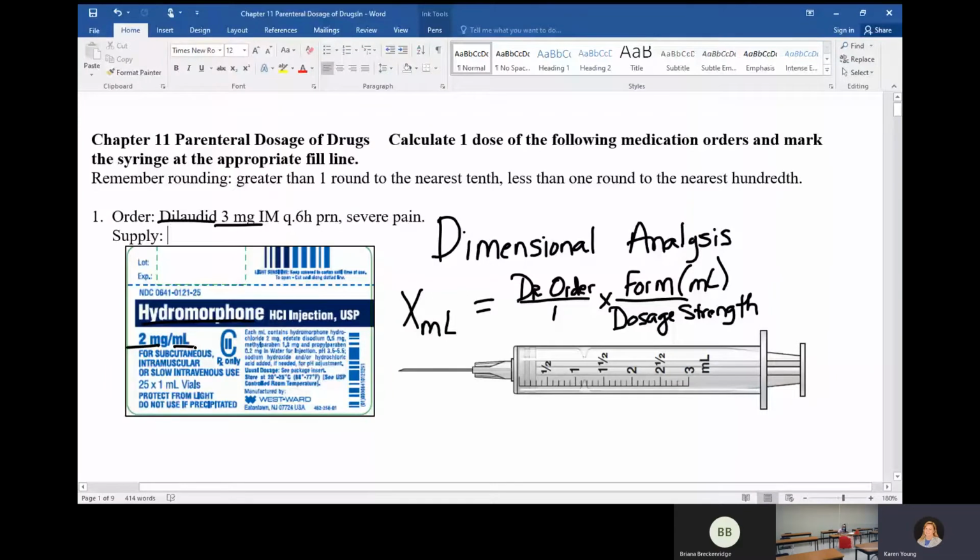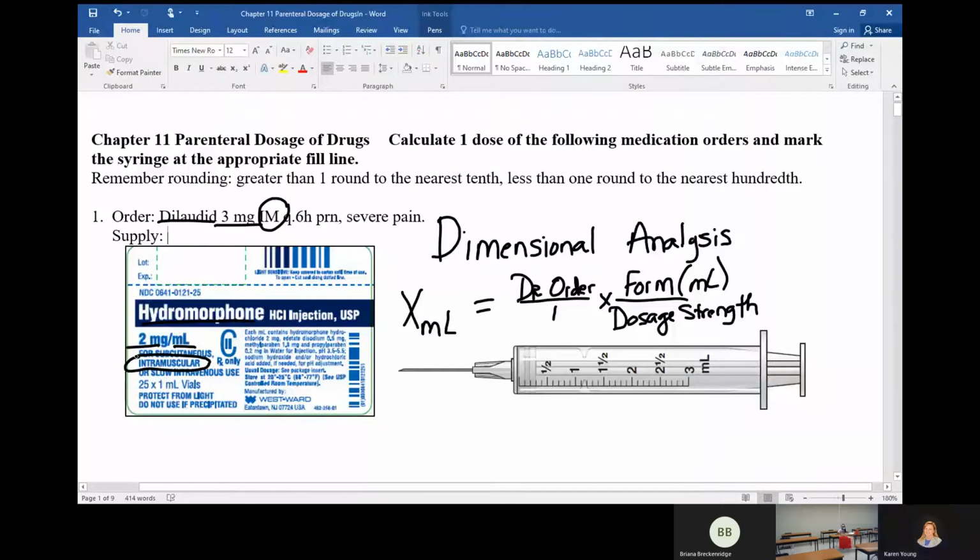So once I know that they're there, I also have to look. My route is IM. We have to check and make sure that this is working for IM. IM is intramuscular. So it works for intramuscular.